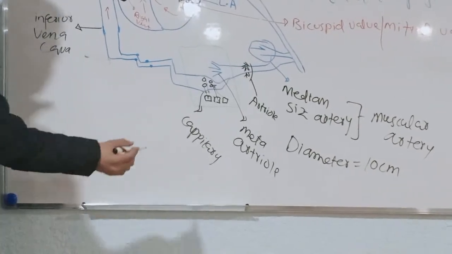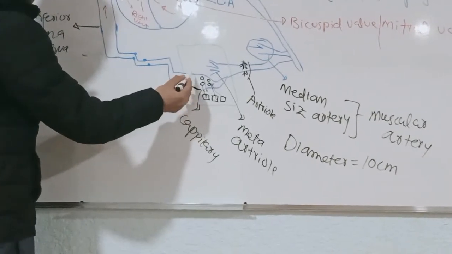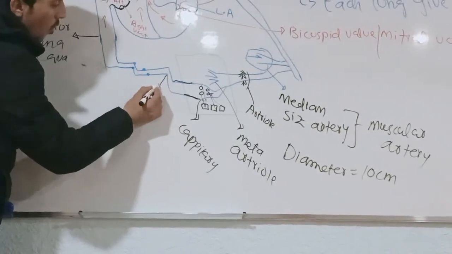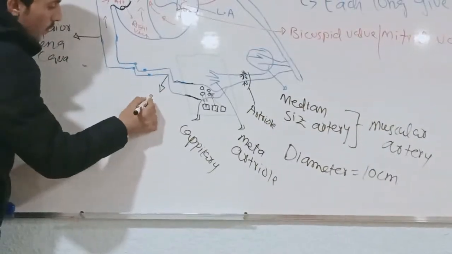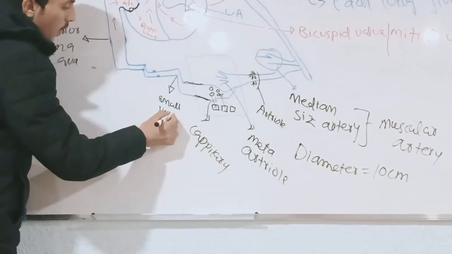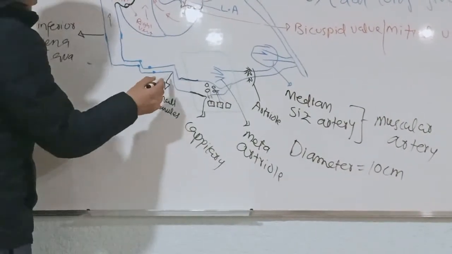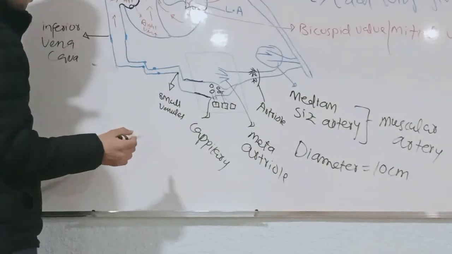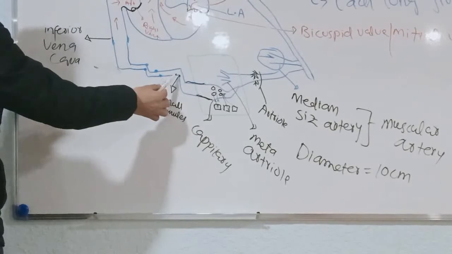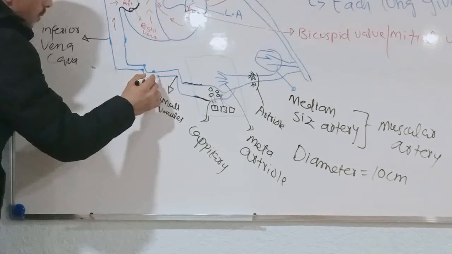Now the capillary moves out from the tissue and divides into small venules. Capillaries will drain the metabolic waste into venules, and venules will drain the metabolic waste into smaller veins.